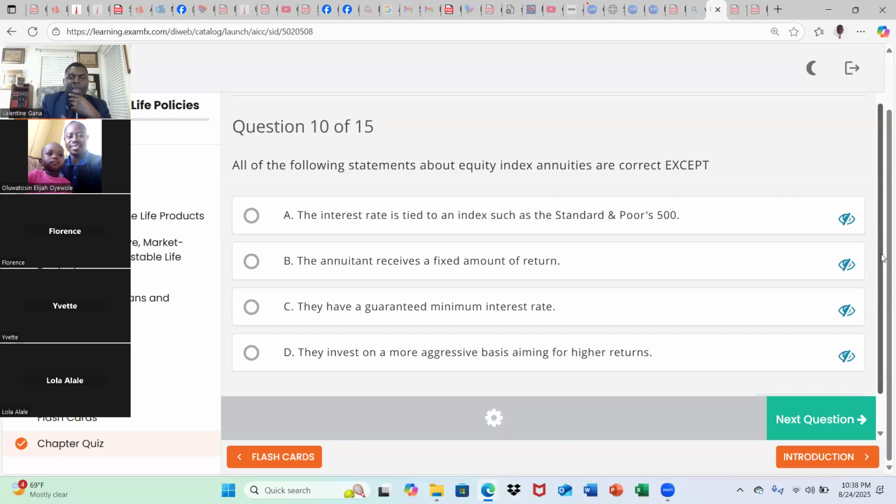So we eliminate A, we eliminate C, we are left with B and D. Now, this is where it gets a little dicey. Because B says the annuitant receives a fixed amount of return. And D says they invest on a more aggressive basis, aiming for higher returns.